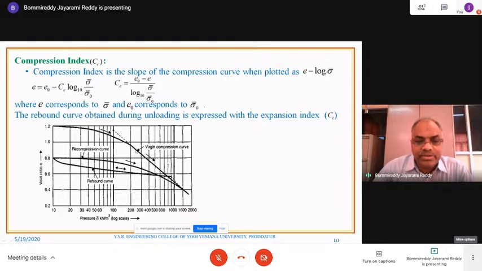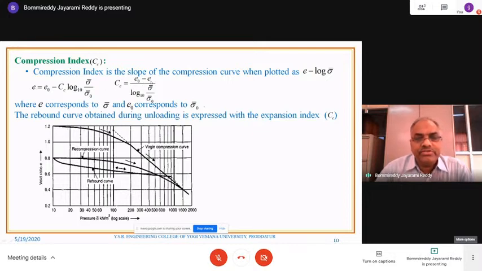So this will become a straight line when you plot on a log scale on the x-axis, with void ratio on the other side. So in this particular case, what is the slope? Cc is nothing but the slope. What is the vertical ordinate? e.